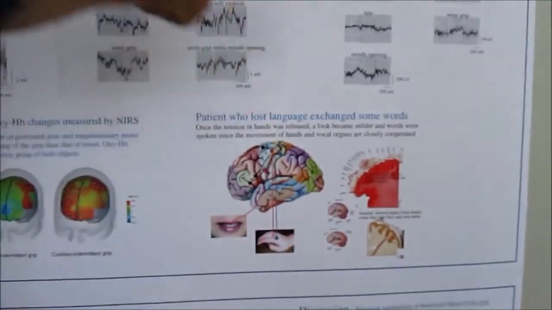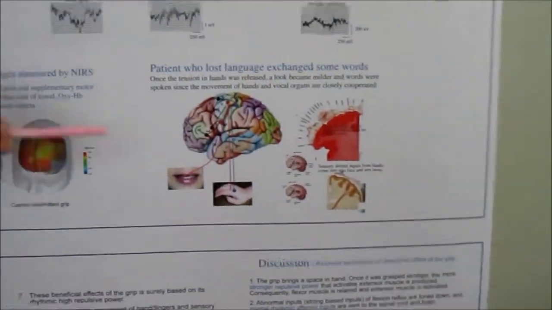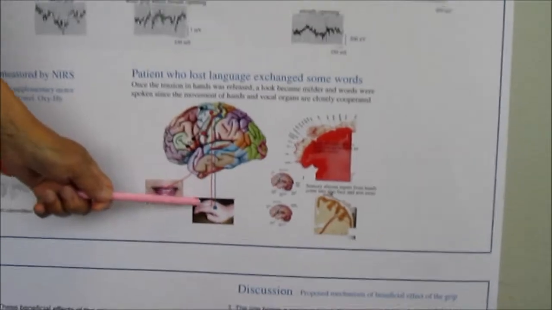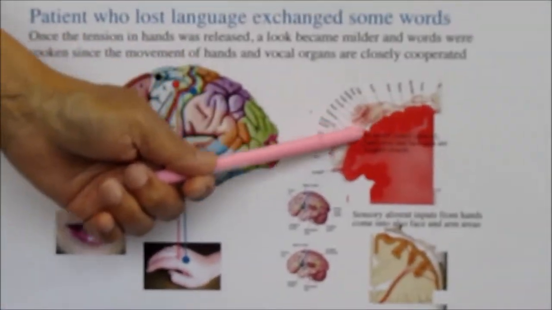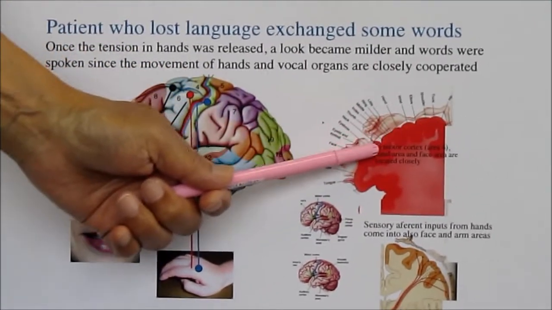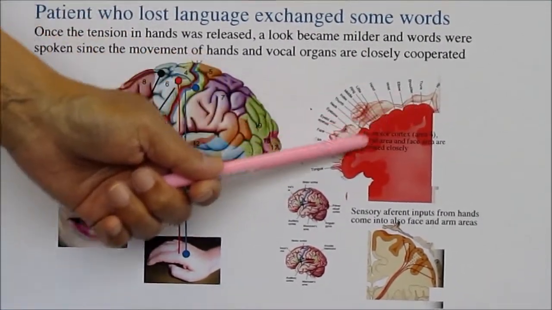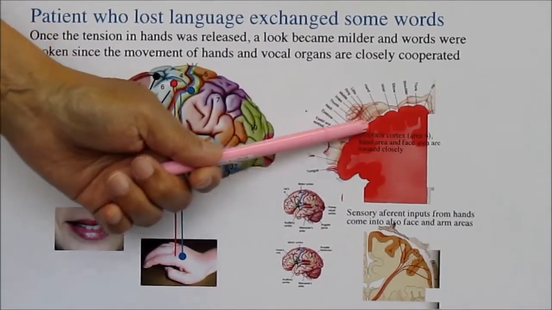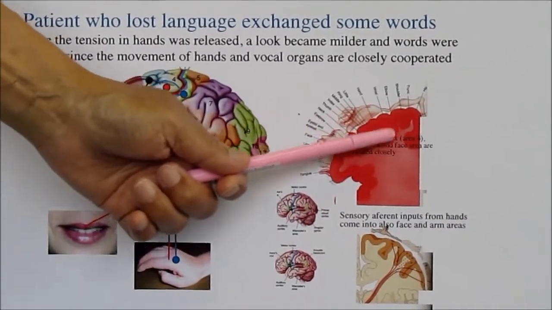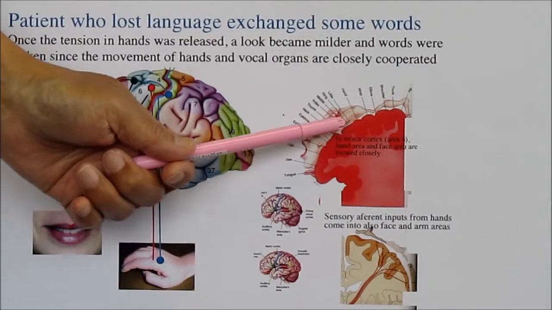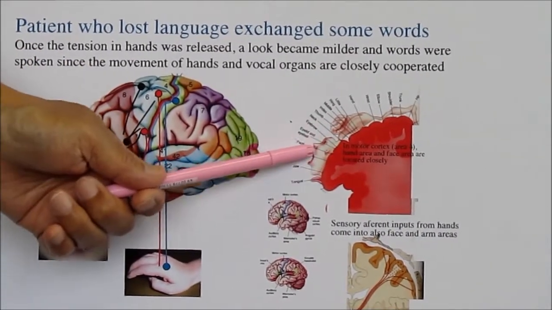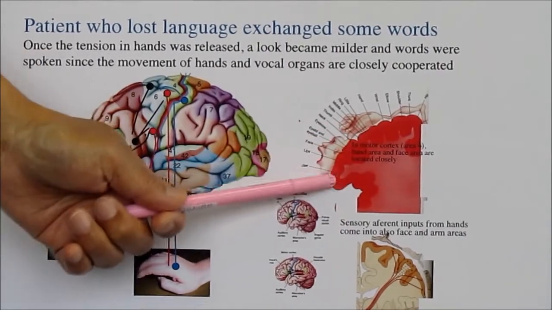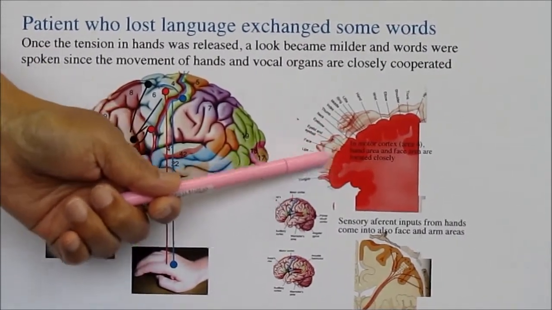I think this mechanism is due to this chart. As you can see, in the cerebral cortex, even the sensory areas or the motor cortexes, the hand areas occupy very huge areas. But next to the hands, there are the face, mouth, and tongue. So also they occupy very huge areas.